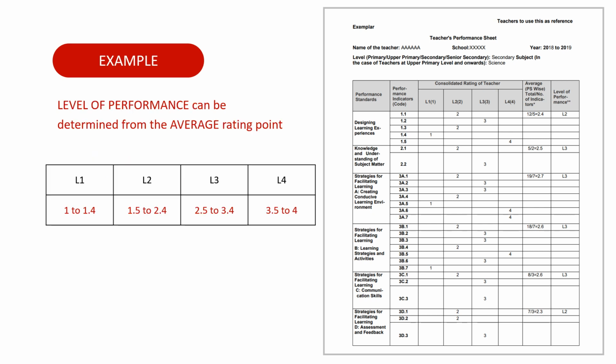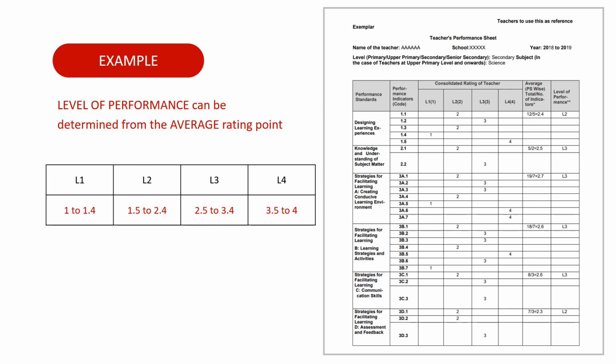From the previous example, after we have calculated the average, if we still remember, our average for performance standard 1 is 2.4 as shown in this table. So now, how do we interpret the level of performance? The level of performance can be determined from the average rating points. Since our average is 2.4, now we know exactly where 2.4 lies for performance standard 1. 2.4 lies in L2.